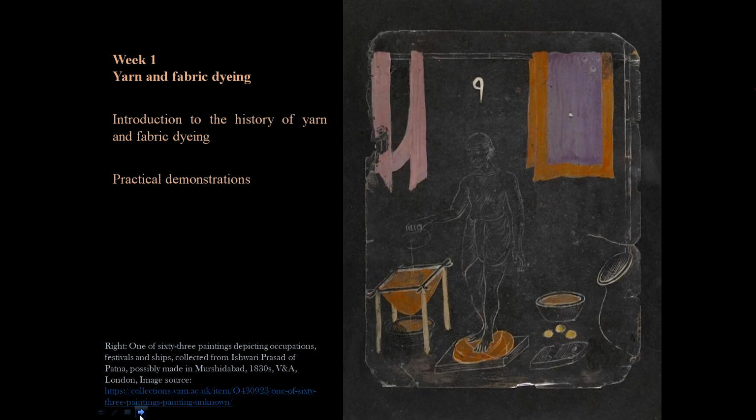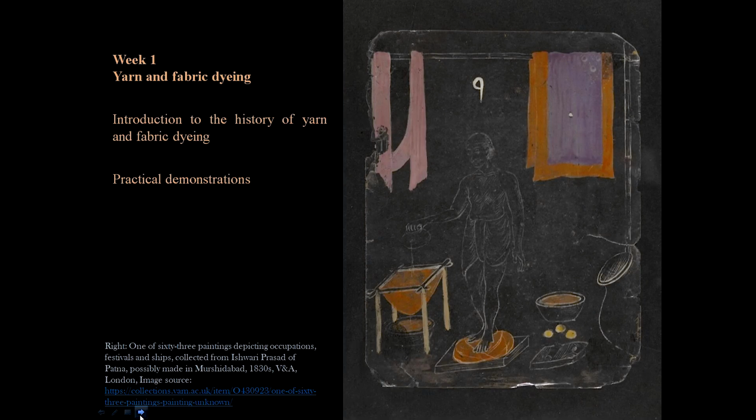Now, here in this slide we have an image from the 1830s, and perhaps it was drawn in the provincial court of Murshidabad in Bengal. What we see is a very unusual dark background, in which white outlines make the figure of a dyer at the center, and there is a bamboo pole supporting a bar of bamboo, on which textiles are hanging.